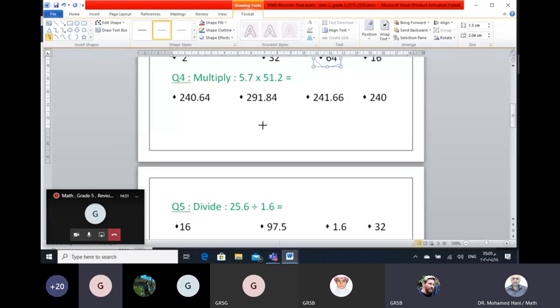Number 2. Who can read this number? Listen, please. Who can read this number?